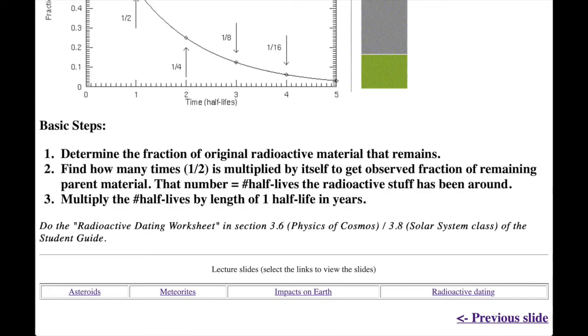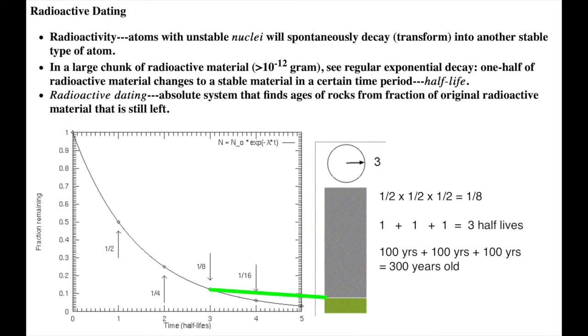Once you have found out the number of times you multiply 1/2 by itself to get to the observed fraction, then you need to convert that to the number of years. So you would multiply the number of half-lives by the length of one half-life in years. Let's say that in this material the half-life is 100 years. In step 2, we found that it was 3 half-lives old because we had just 1/8 of the amount left.